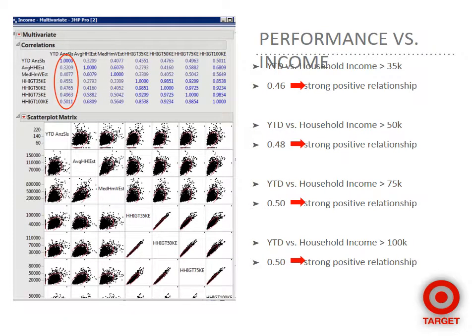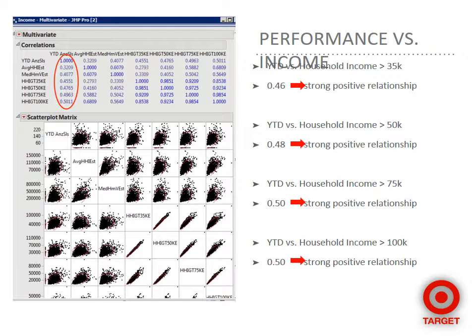Also, we want to see the performance versus income level. We did a correlation analysis and we find there is a strong positive relationship between household income and store performance. The higher the household income in an area, the larger the revenue of Target's store in that area. You can see here the correlations are all high.